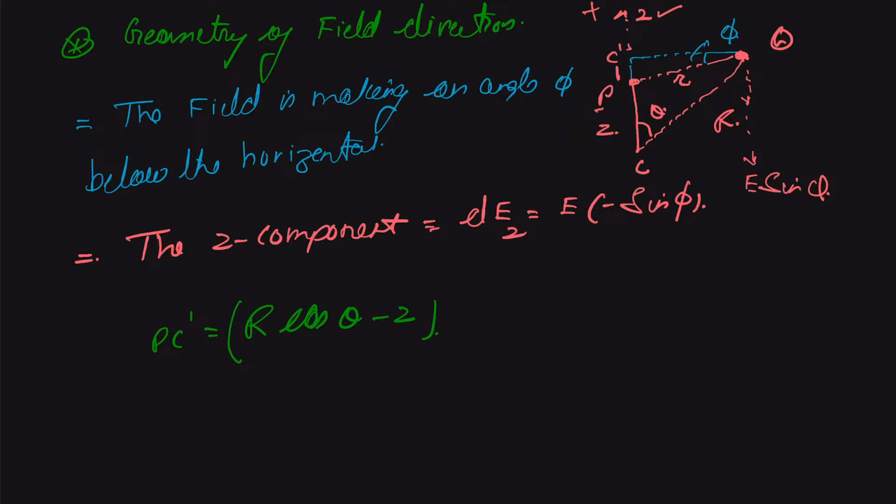Because z is this, this is our r, this is our theta, so this is r cos theta and this is z. So we get r cos theta minus z as our PC prime.